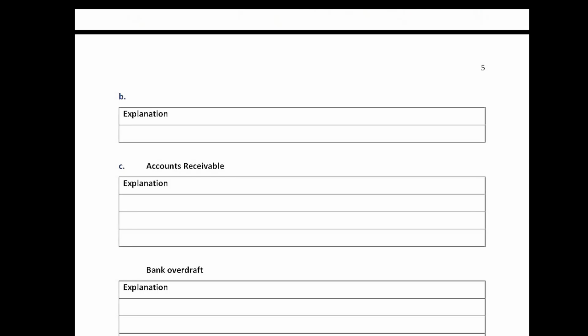What is the difference between two balance sheets? I think I told you last time. How many transactions? One. One transaction. Why? Because with one transaction, balance sheet items will change.